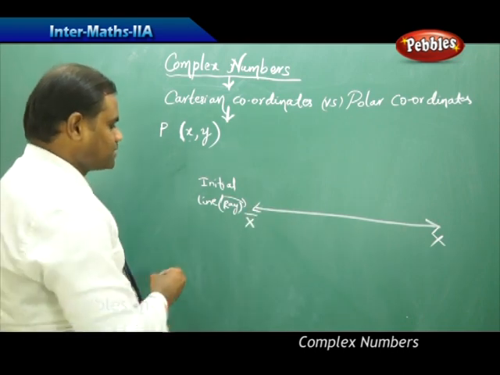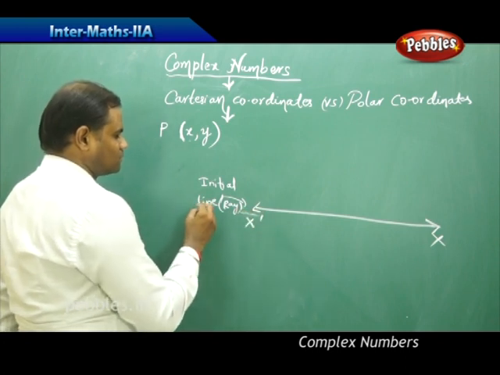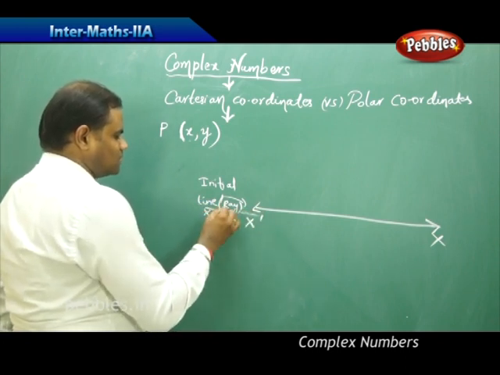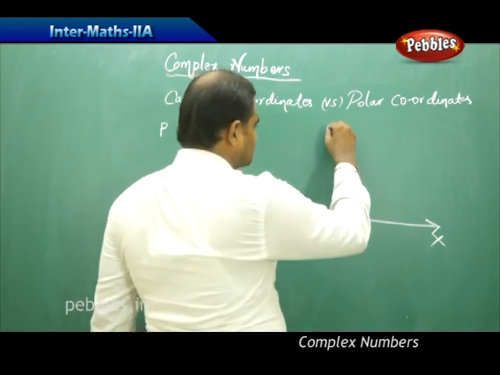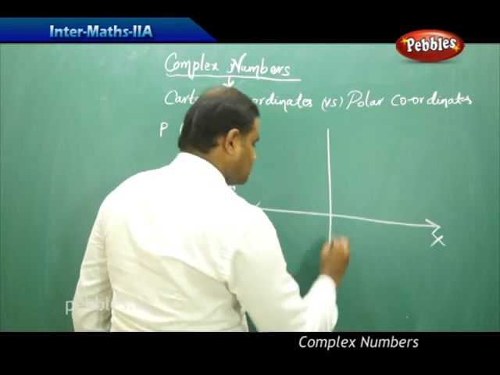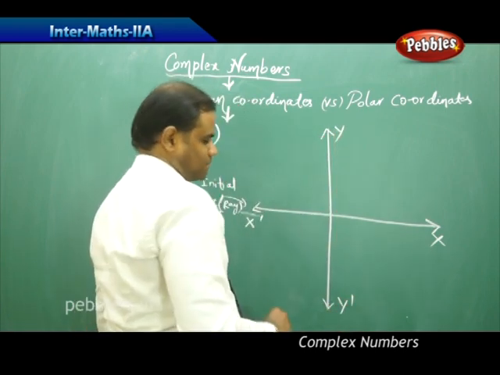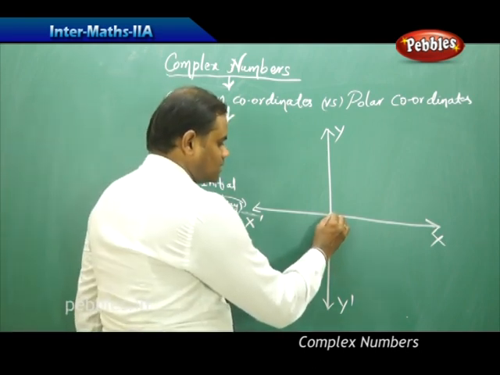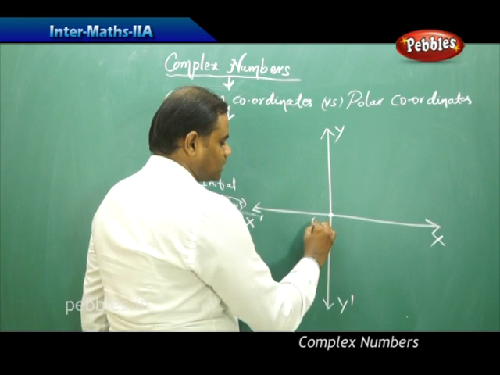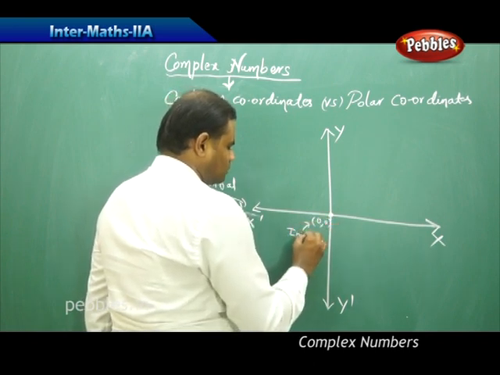Now x dash is the initial ray. Now for this initial ray, I also take the next ray, which is y dash. For this, my initial point here is 0, 0, which I take here. This is called my initial point.